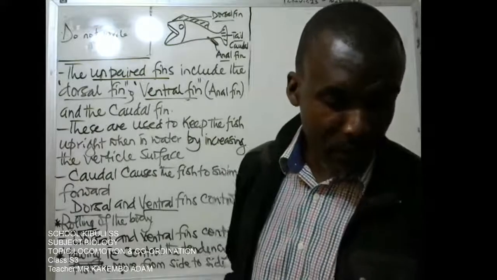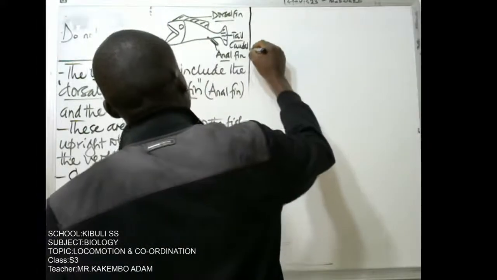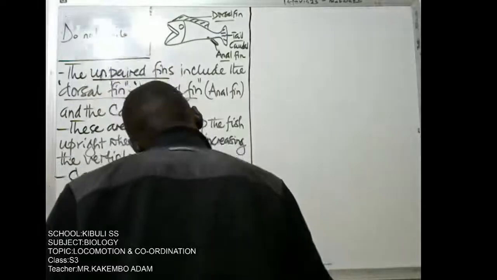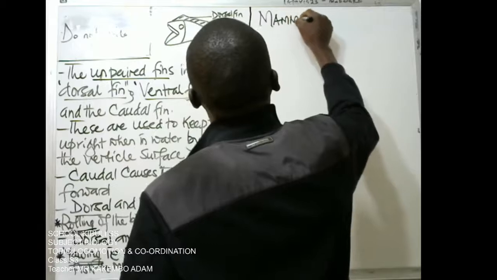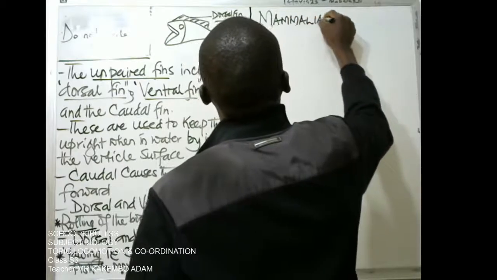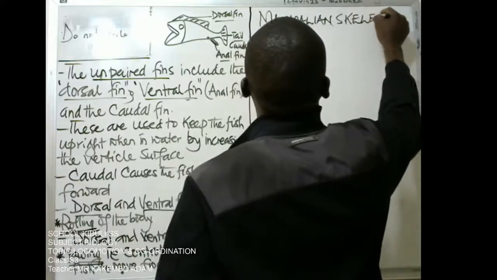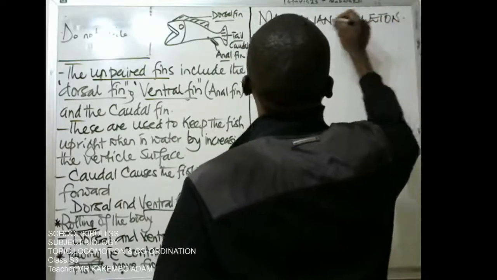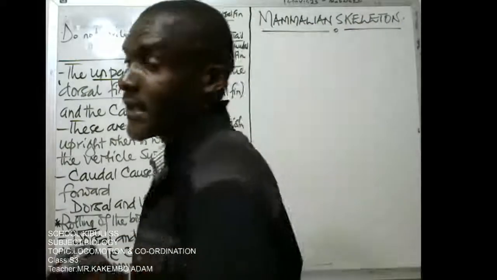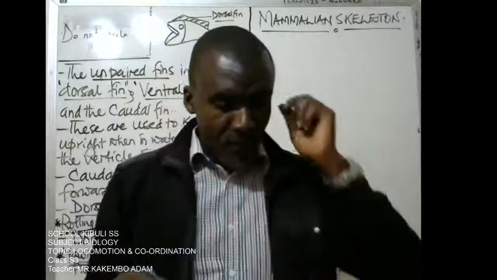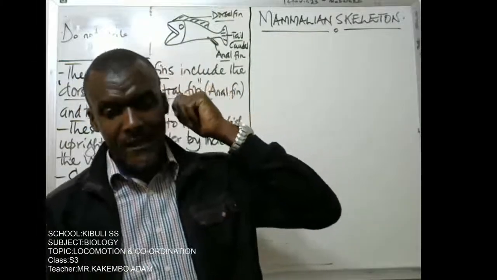So, the mammalian skeleton is divided into two different parts.